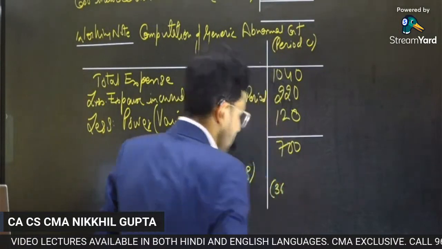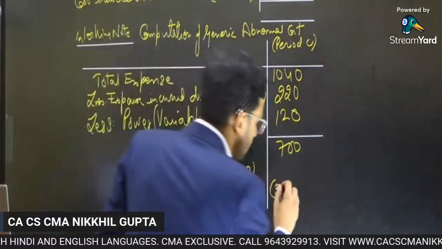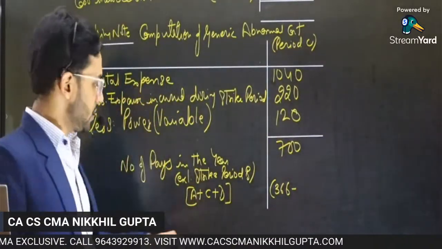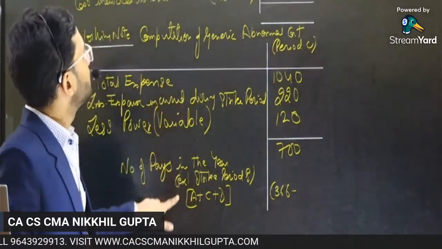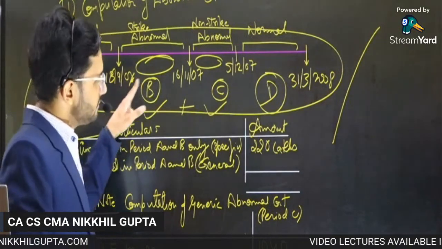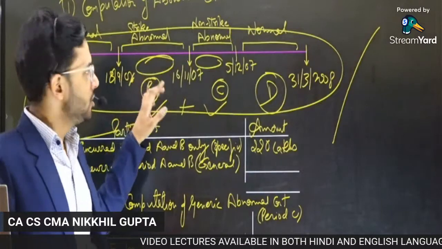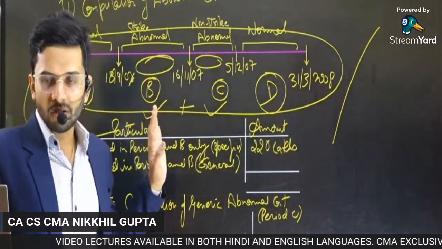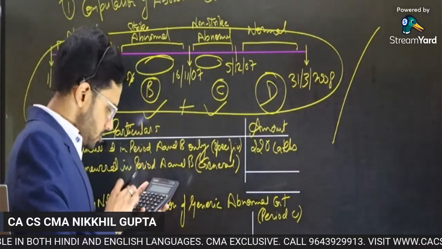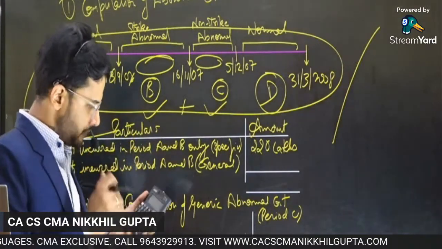So the entire year, guys, has 366 days. We will reduce the days which are there in period B. What is period B? Period B is 13th September 2007 to 16th November 2007. So you calculate the number of days for September, October and November. For September, 30 minus 13 plus 1, there should be 18 days.